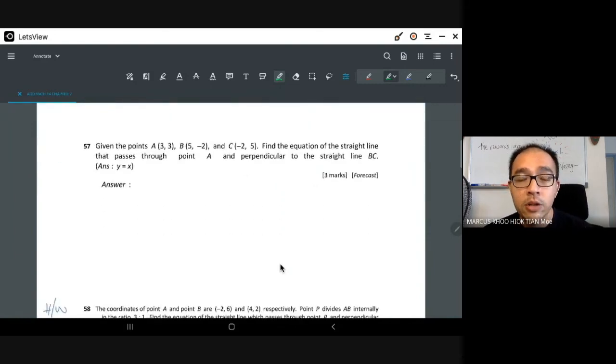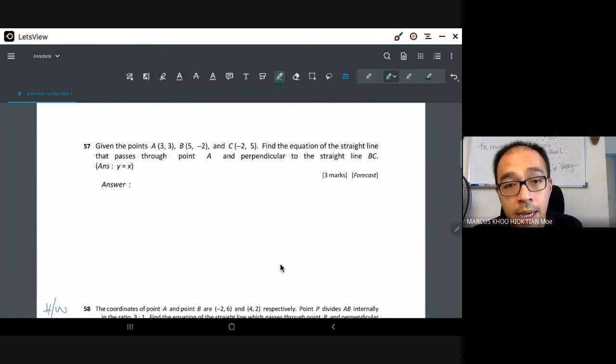Let's take a look at 57. Given the points A, B, and C like that, find the equation of the straight line that passes through point A. Read this carefully. Passes through point A means the point we already have is 3 and 3.